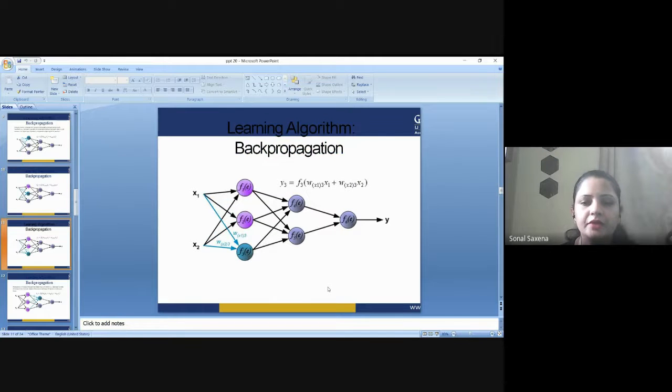And again for y3, the third output, it is f3(wx1,3·x1 + wx2,3·x2).